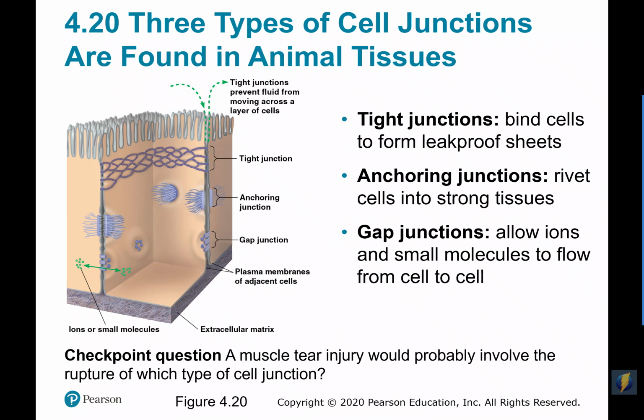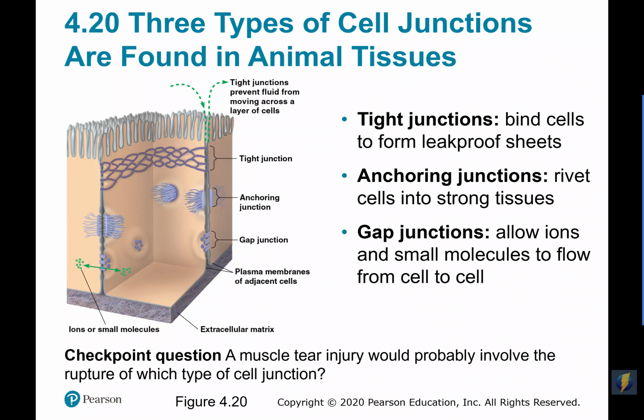So here's another little comprehension question. If you had a muscle tear, maybe you tore your muscle, that would involve the rupture of which type of these junctions do you think? Would that be the tight junction, the gap junction, or the anchoring junction?